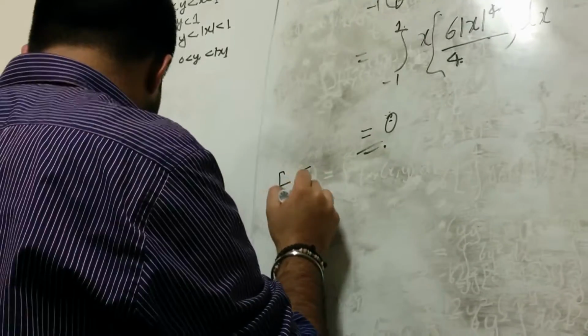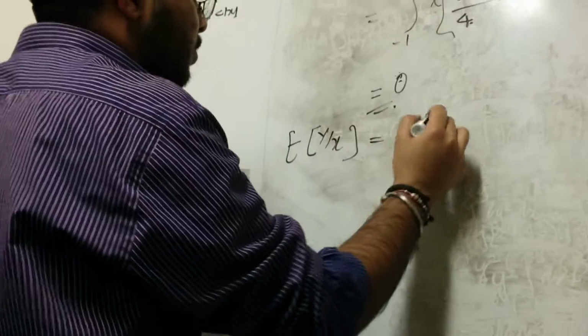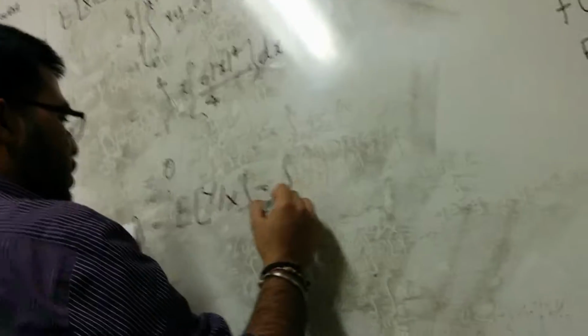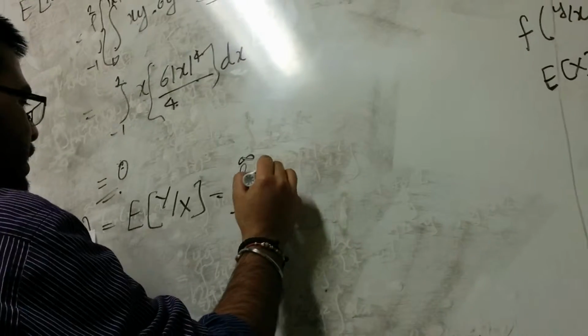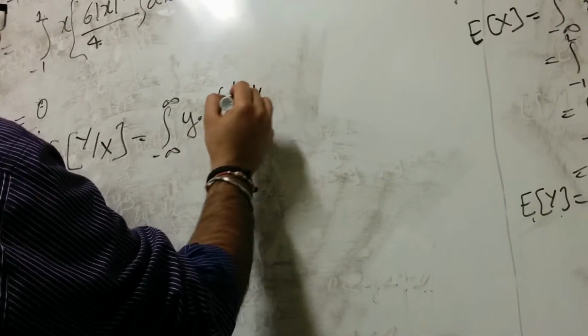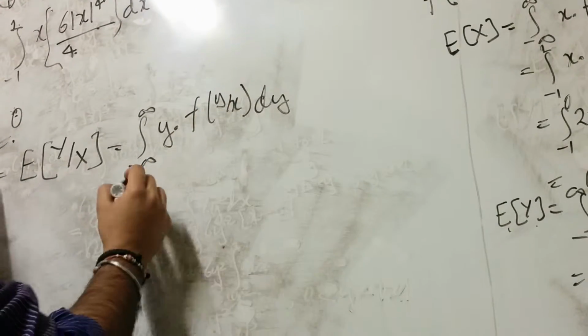Now we are required to find E(Y | x). It is the same as E(Y given X), and it is the integration from minus infinity to infinity of y, that is, multiply y with the density of y given x and integrate with respect to dy.